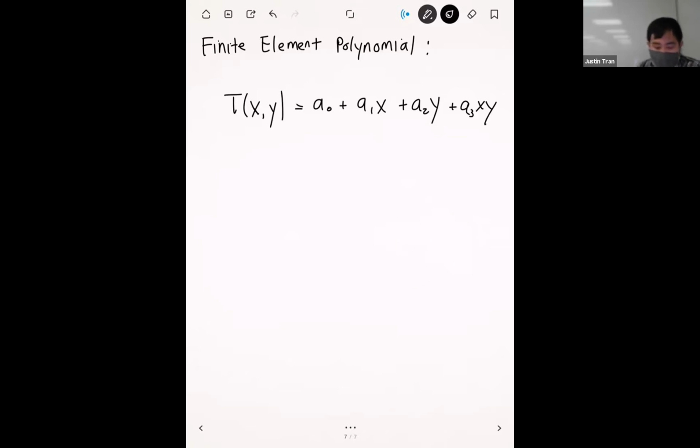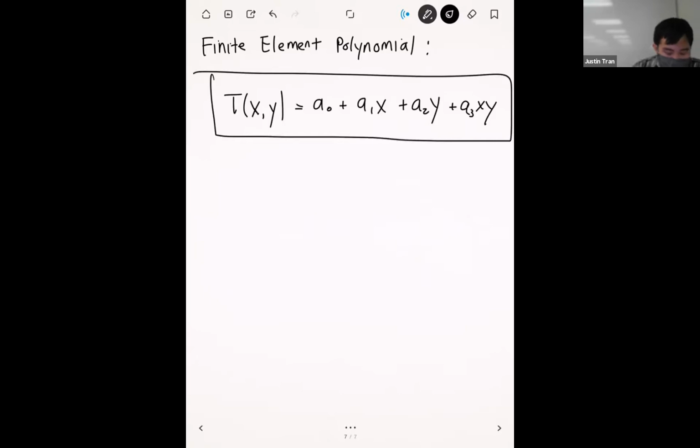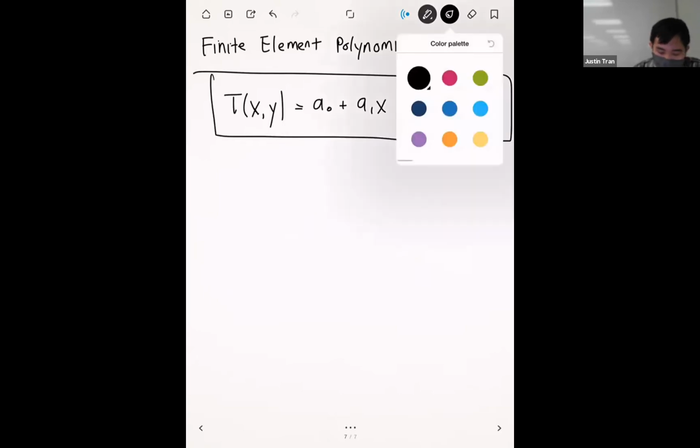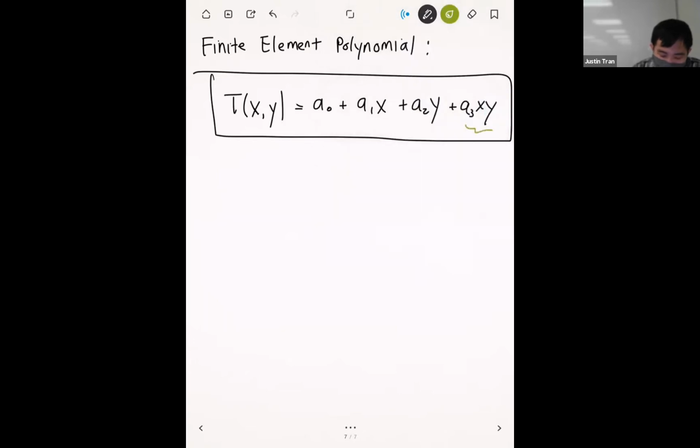So the last term is actually a cross term, xy. A lot of people look at this and say, hey, that's not a linear term, that's a quadratic term because you're multiplying two things next to each other. Technically, you're right. Technically, this is a quadratic term because you have two independent variables multiplying each other.